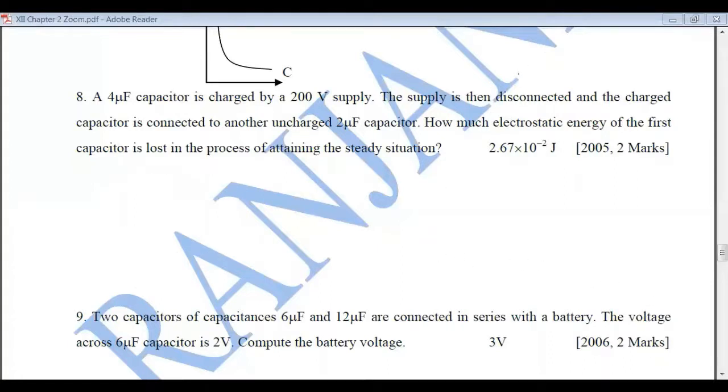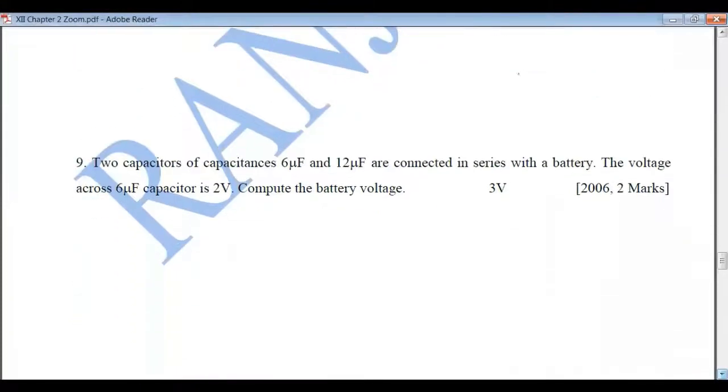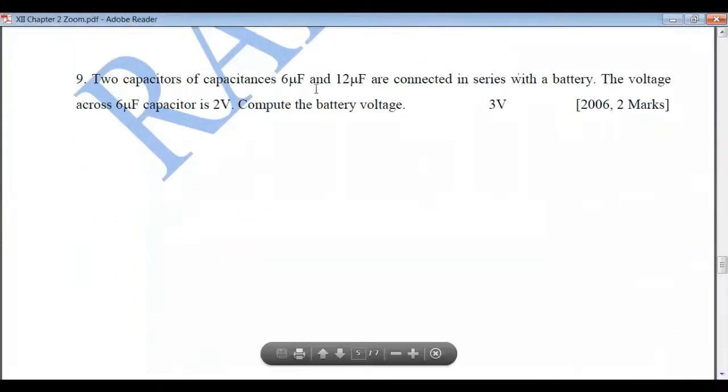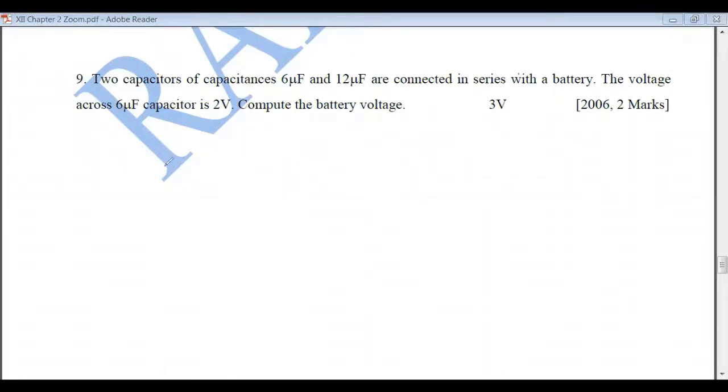Question number 9: two capacitors of capacitances 6 and 12 microfarad are connected in series with a battery. The voltage across the 6 microfarad is 2 volt. Calculate the battery voltage. So this is the 6 microfarad capacitor and this one is the 12 microfarad capacitor, which are connected in series, and this is connected to a battery.